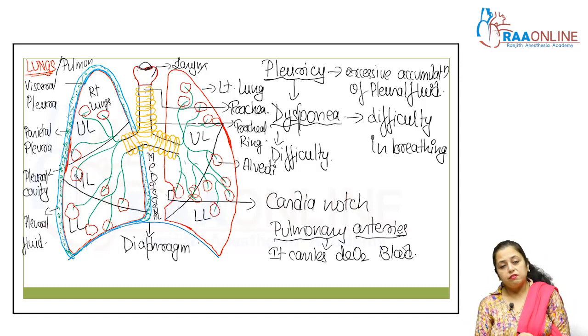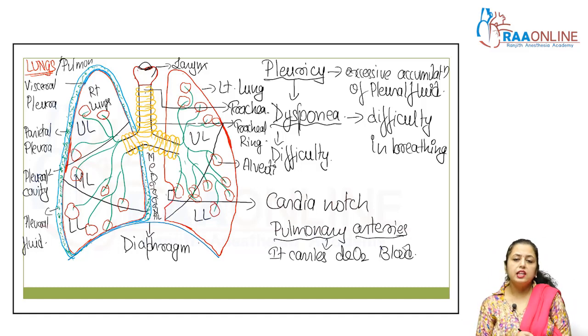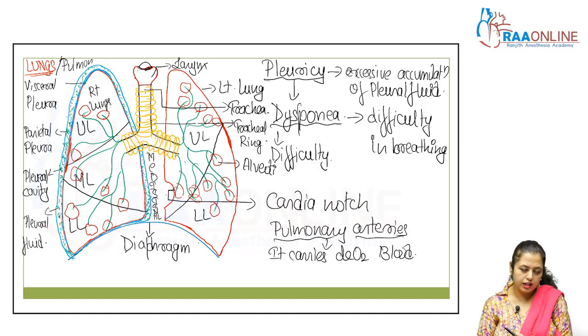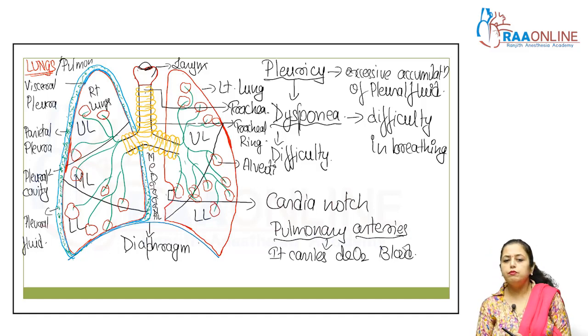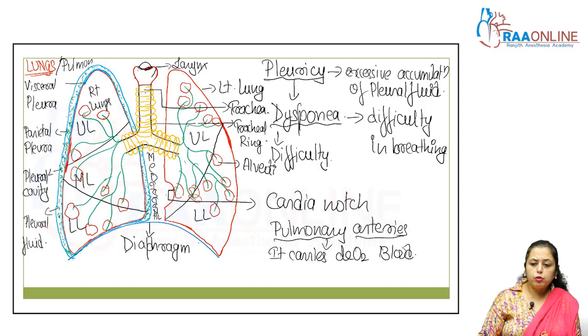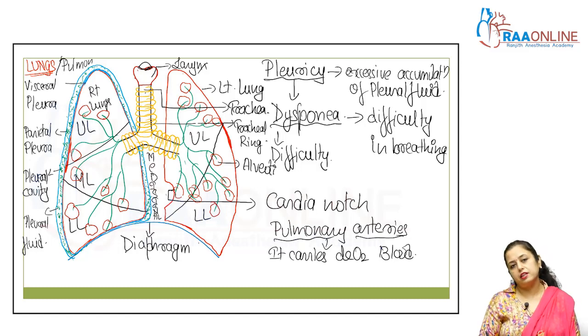No, the vessel which carries the blood away from the heart is called artery, and the vessel which carries the blood towards the heart is called the vein, right? So the pulmonary artery is an exceptional case actually. All the arteries carry the oxygenated blood except the pulmonary arteries and the umbilical artery, right?